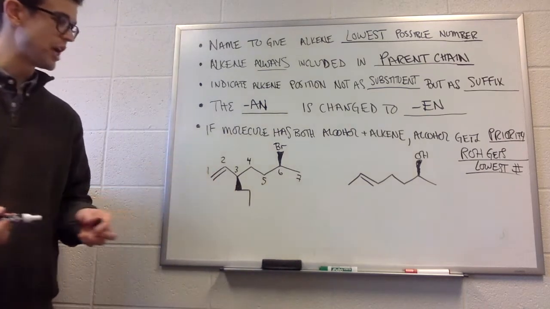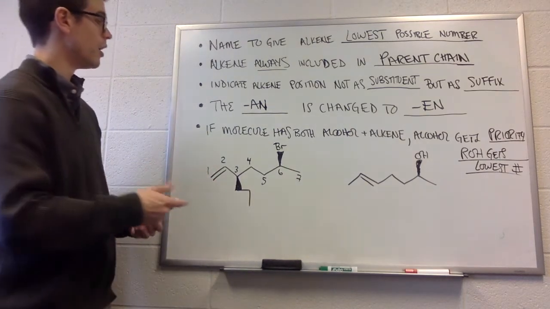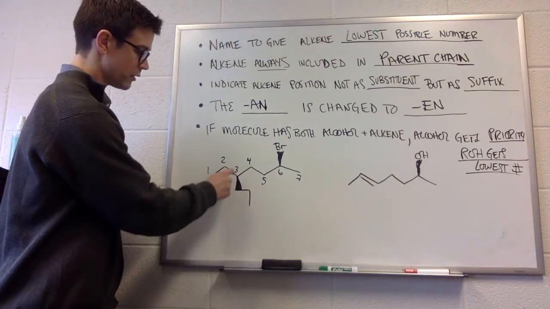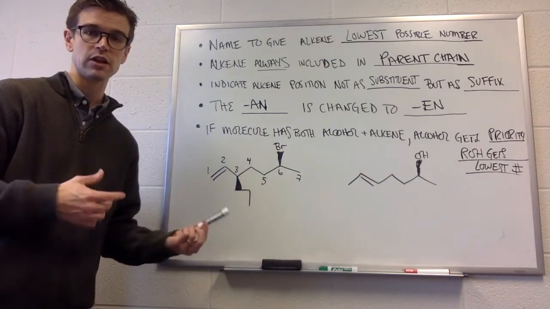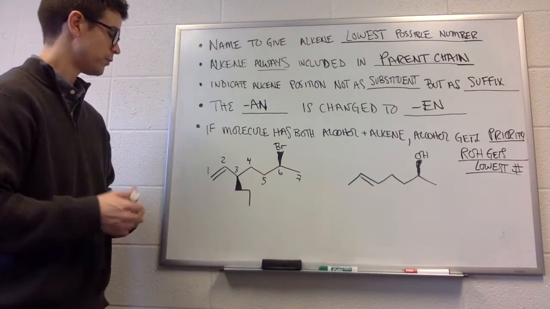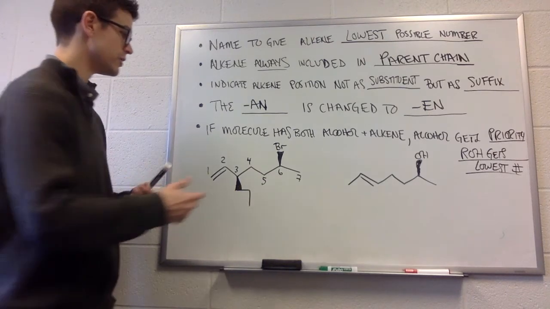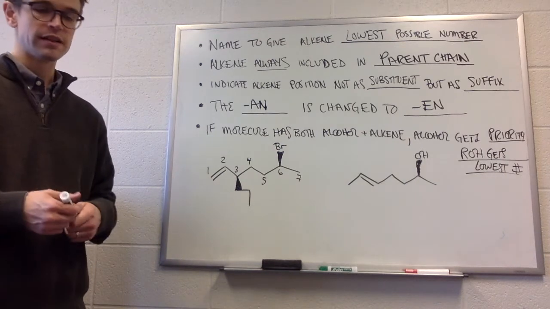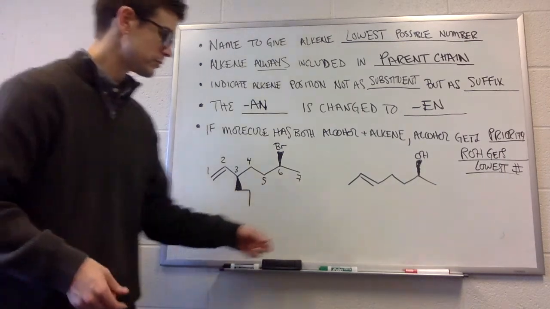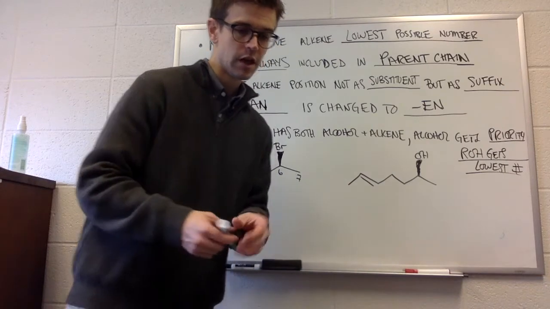That's the longest chain that includes the alkene. If we went from here, 1, 2, 3, 4, 5, 6, 7, 8, we could have a longer chain, but that chain doesn't include the alkene, so that's why we go with this chain. So what about our substituents? We have a bromo substituent and a 1, 2, 3 carbon substituent. That's a propyl. So those are our two substituents.